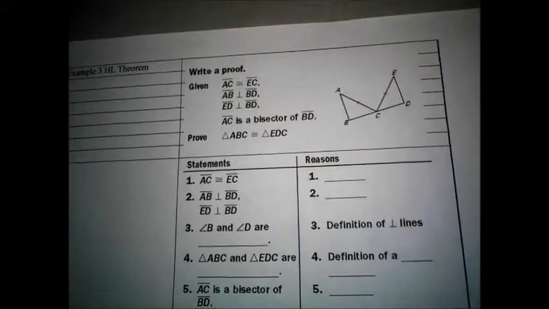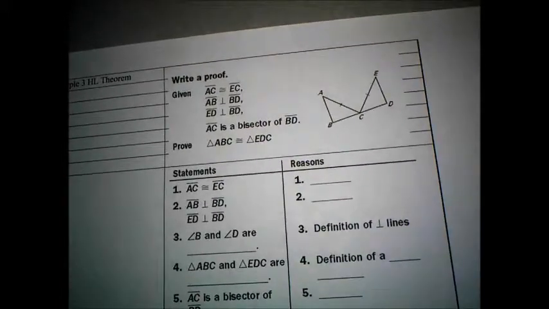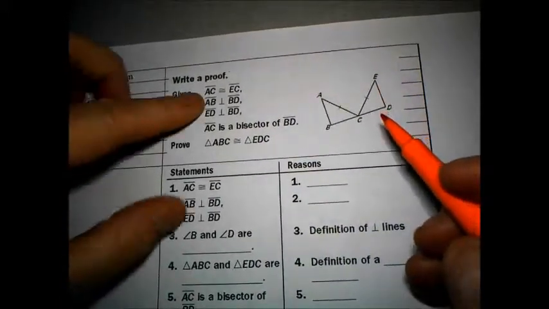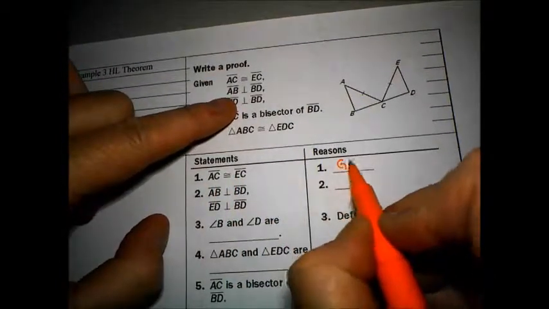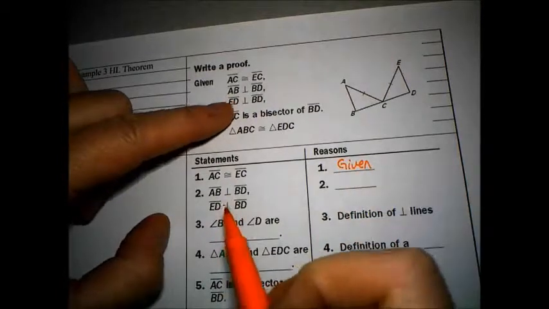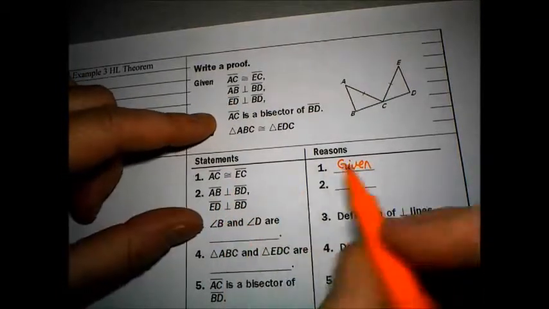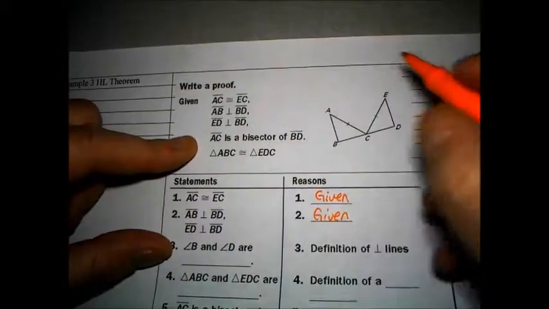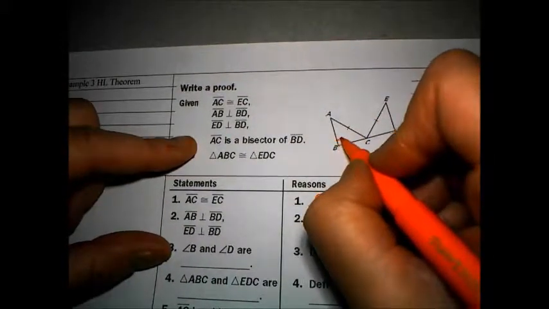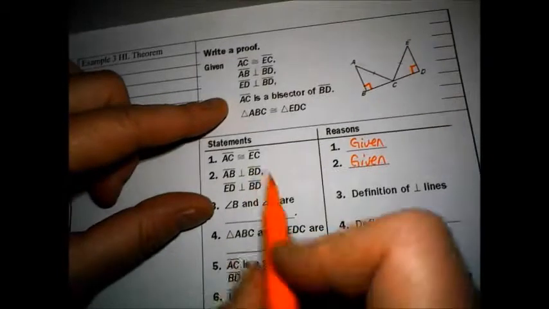Alright, next page. On the back, we have another proof. It says write a proof. It says AC is congruent to EC. That's the given. Then it says these two segments are perpendicular. That's also the given. But if they're perpendicular, that means that B and D are right angles.